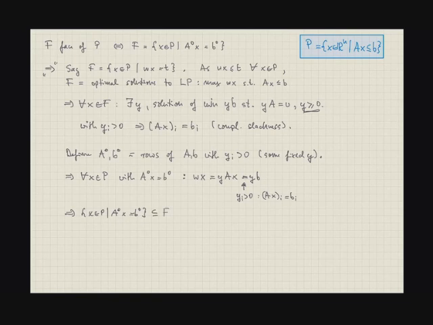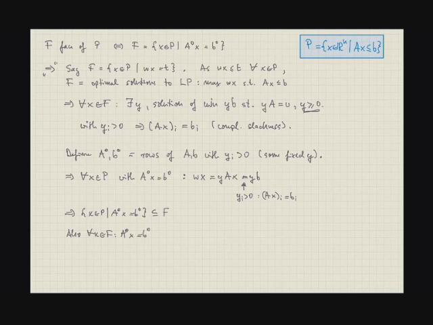And I also claim that the other inclusion is true. So also we have that for all x in F, this subsystem must be fulfilled with equality.